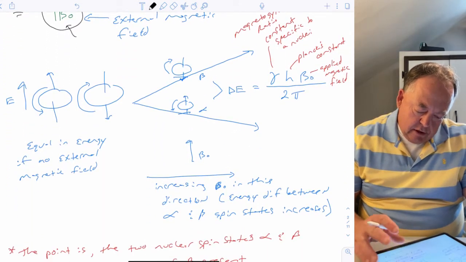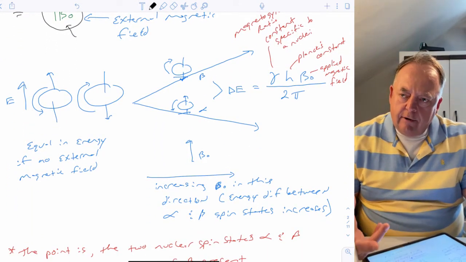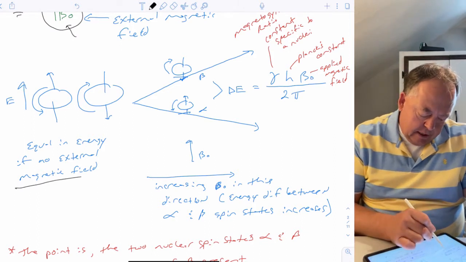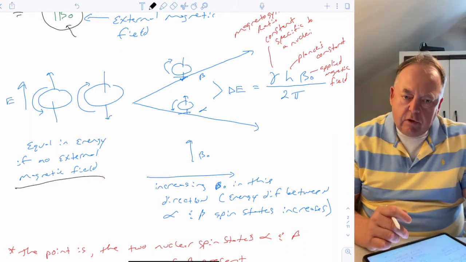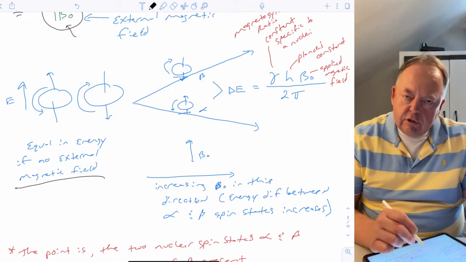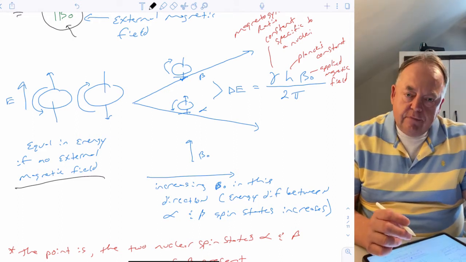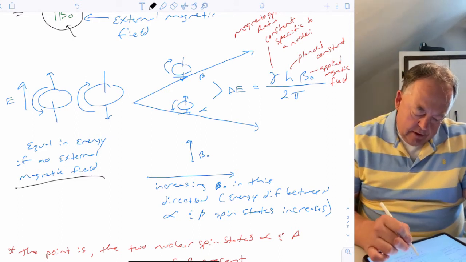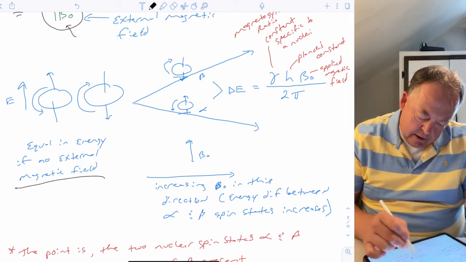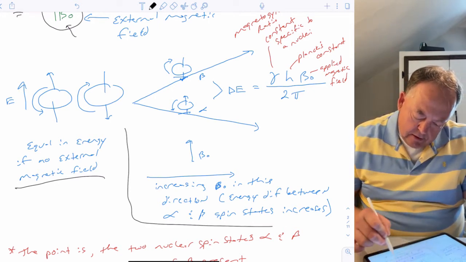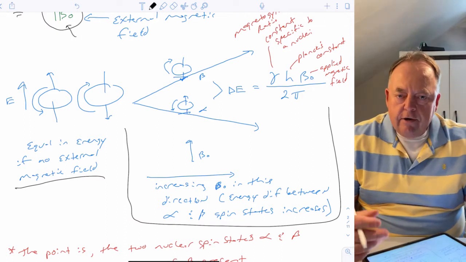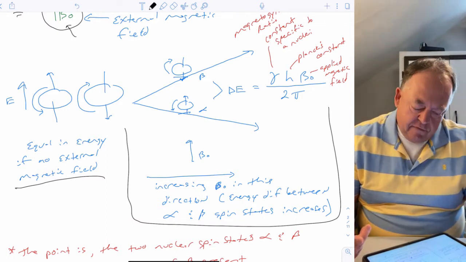Okay, so this is one of the key diagrams in NMR, so try to understand this diagram. In the absence of an external magnetic field, the two nuclear spin states are equal in energy. In this region, the nuclei are in the presence of an external magnetic field.